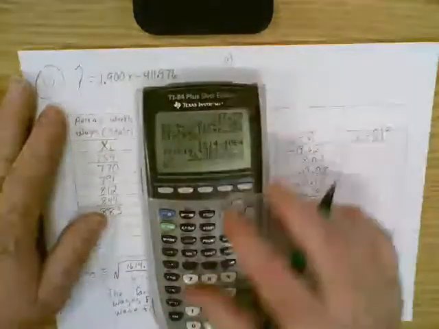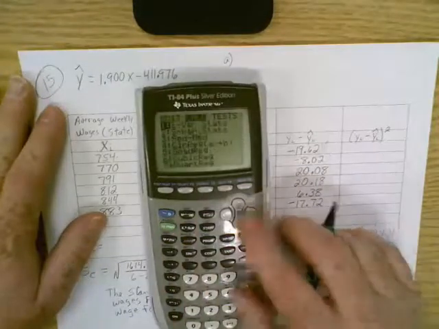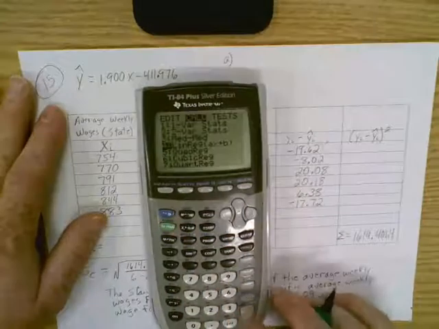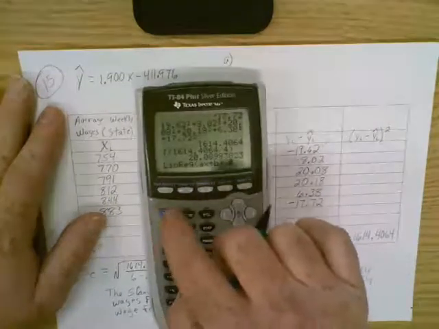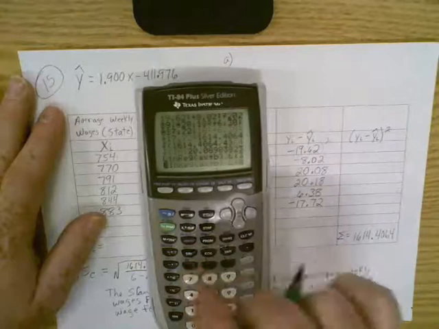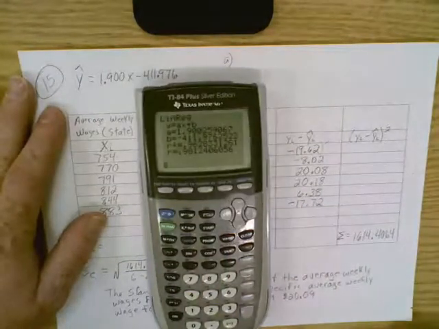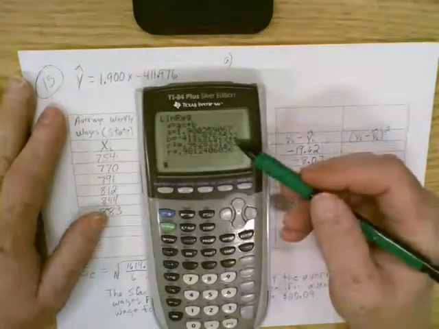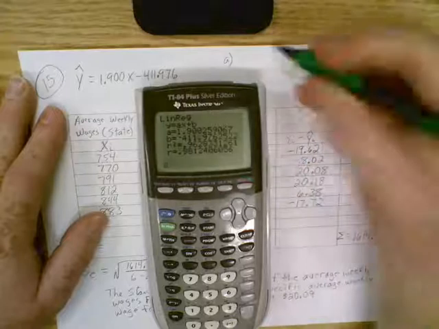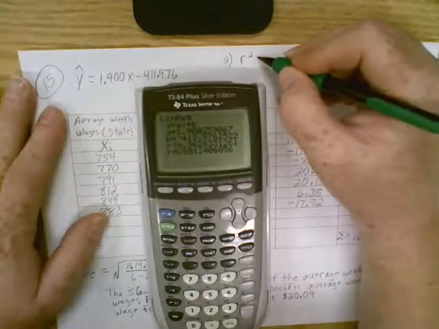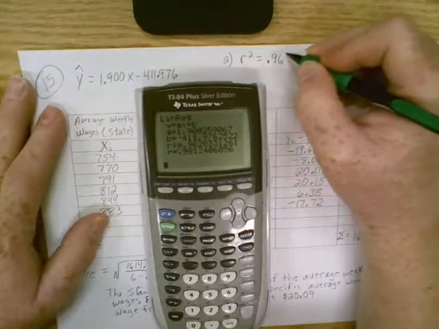If we have them in the list, we can do that by going to stat, going to calculate, going down to linear regression, hit enter, and I put mine in on list 1 and list 2, so I'm going to hit second 1, comma, second 2, and it's going to pull up all that stuff for us. All we care about this time is that coefficient of determination, the R squared. So R squared equals 0.963, we'll say.